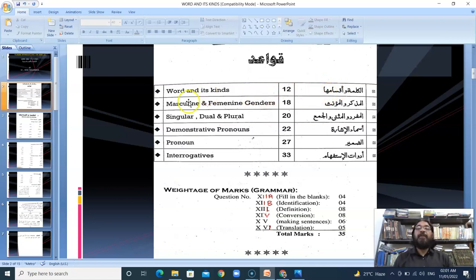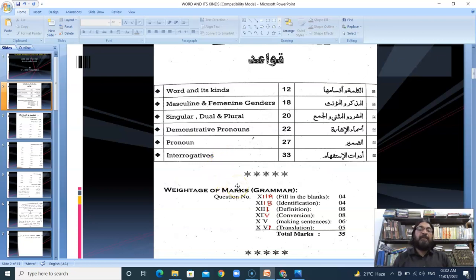Number 1, word and its kinds. Al-Mudhakkar wal-Muannath, masculine and feminine genders. Al-Mufradu wal-Muthanna wal-Jam'u, singular, dual and plural. Asma'ul Ishara, demonstrative pronouns. Al-Dhamir, pronoun. Adawatul Istifham, interrogatives.